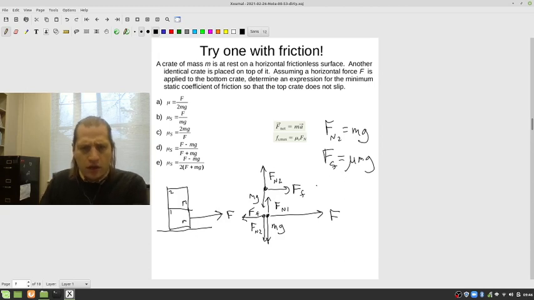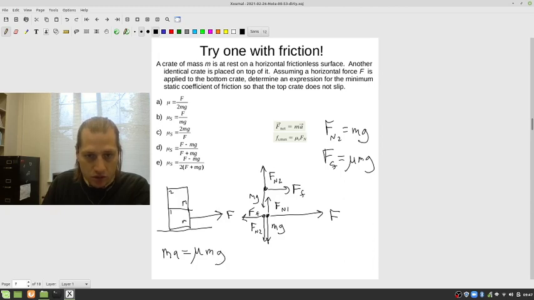Okay, so how am I going to figure this out? Well, let's write down F equals ma in the x direction for each one of these. So for the top block, ma equals just the force of friction, which is mu times m times g.